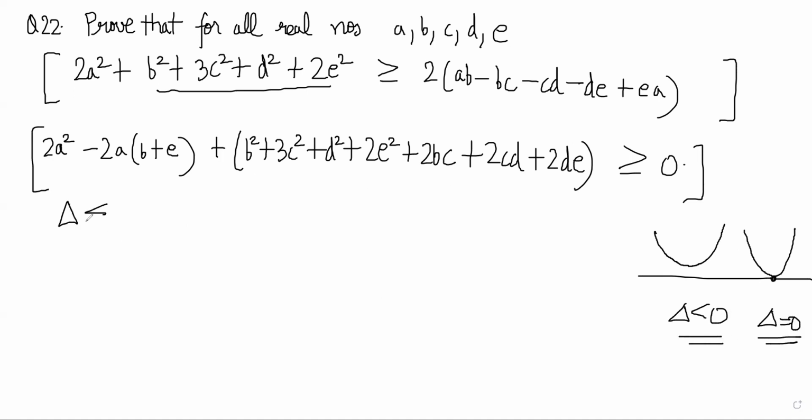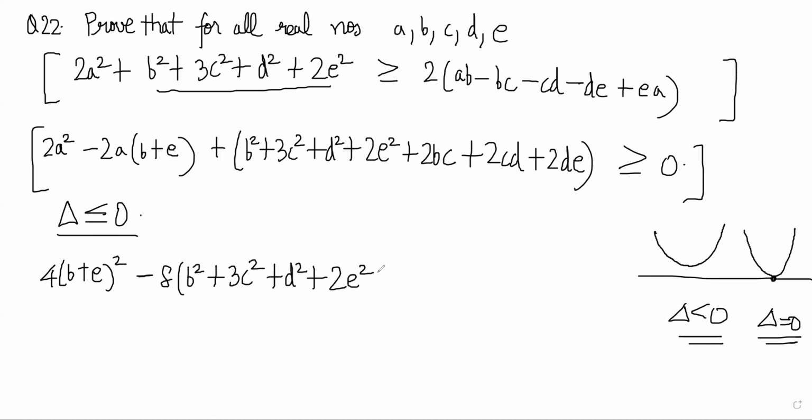So your discriminant here must be less than or equal to 0 for this inequality to be true. The discriminant in terms of a becomes 4(b plus e) whole square minus 8 times (b square plus 3c square plus d square plus 2e square plus 2bc plus 2cd plus 2de). That has to be less than or equal to 0.